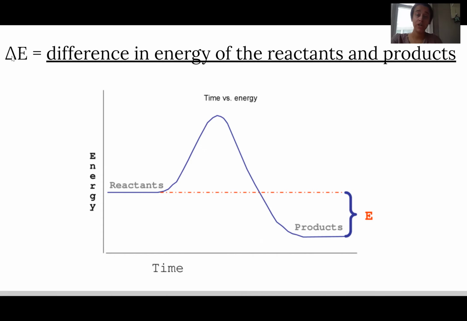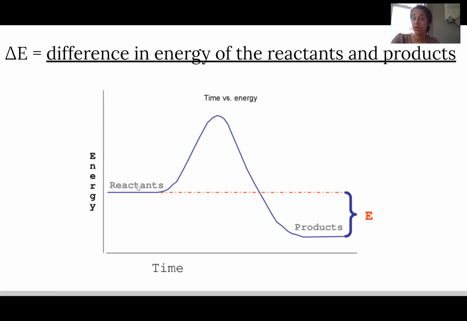Okay, so delta E, this little triangle here is a Greek letter delta, and it stands for change in. E stands for energy. So delta E is the difference, or the change, in energy of the reactants and products.